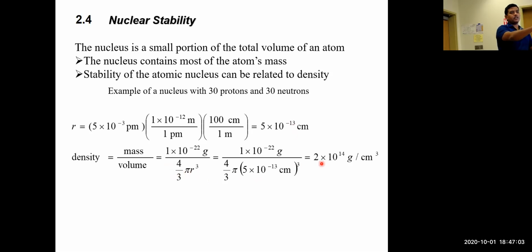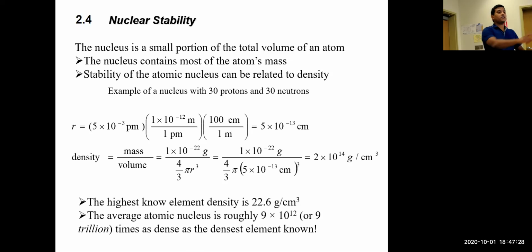If you plug it in and solve, the density of a nucleus with 30 protons is going to be about 2 times 10 to the power of 14 grams per cubic centimeter, which is saying it is about a quadrillion times bigger than 1. So really dense: in just 1 cubic centimeter of volume, so much mass it can acquire. That's what it is saying.